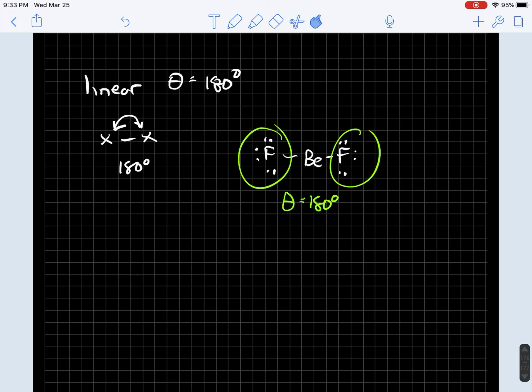All right, second type is called trigonal planar. And in a trigonal planar molecule, we're looking at, again, a central atom, and then that atom is connected to three other things. Doesn't have to be another atom, could be an unshared pair.